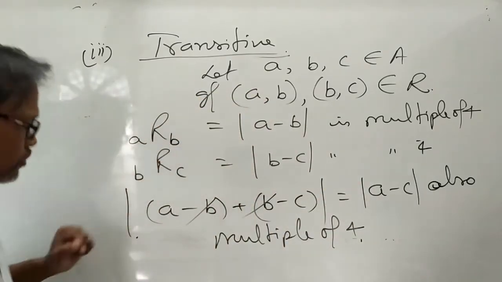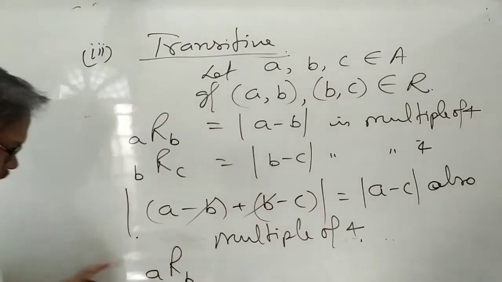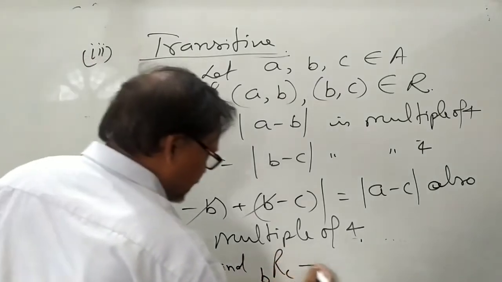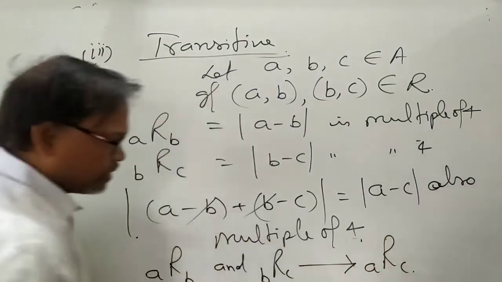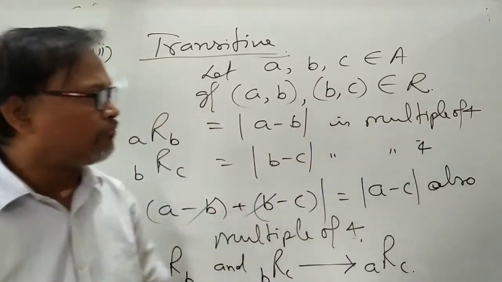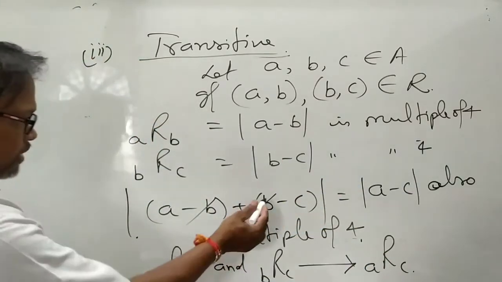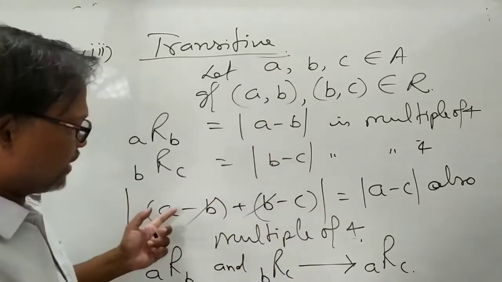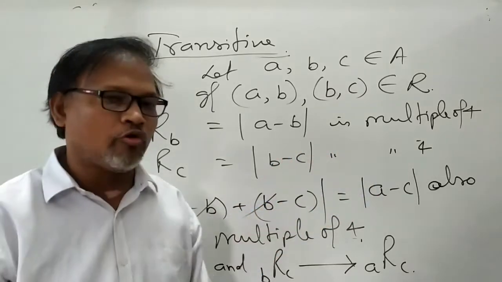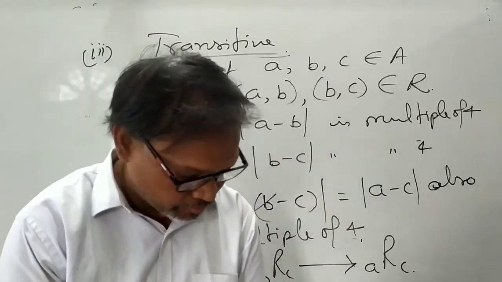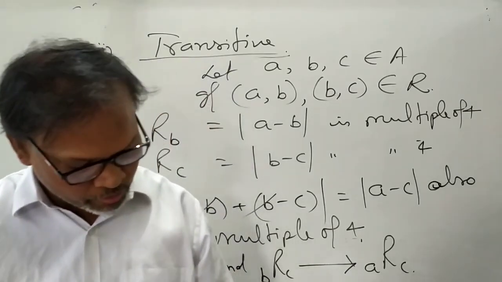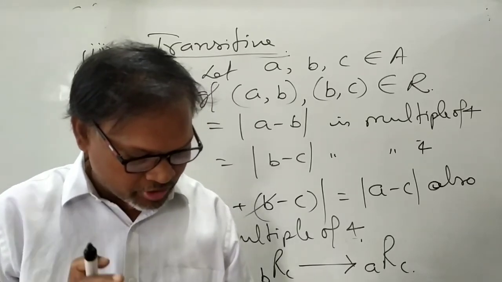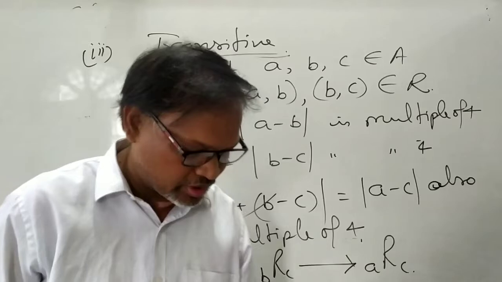Means ARB is satisfied and BRC is satisfied. It tends to ARC, meaning A minus C is also a multiple of 4. Very simple: if this is a multiple of 4 and this is a multiple of 4, then whatever their sum is will be a multiple of 4 also. So A minus B plus B minus C is a multiple, so A minus C is a multiple of 4.